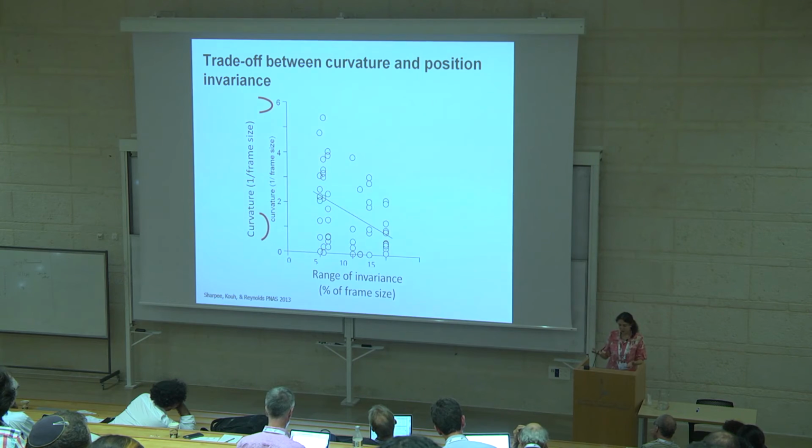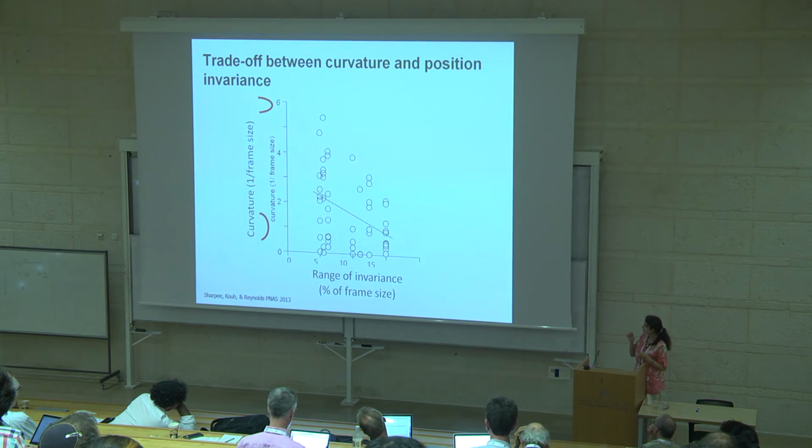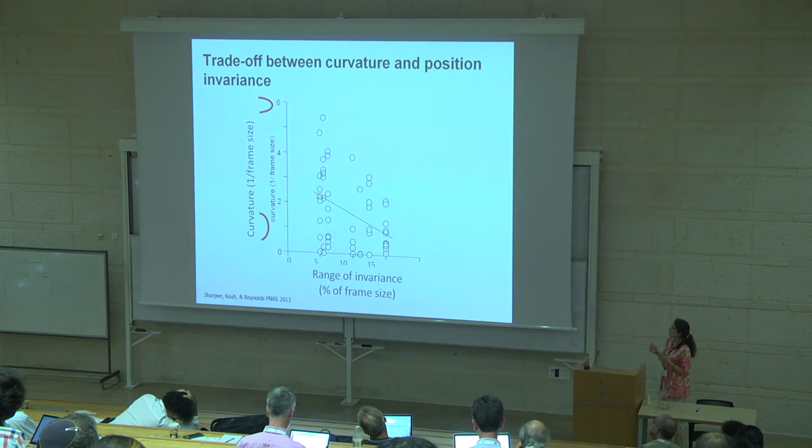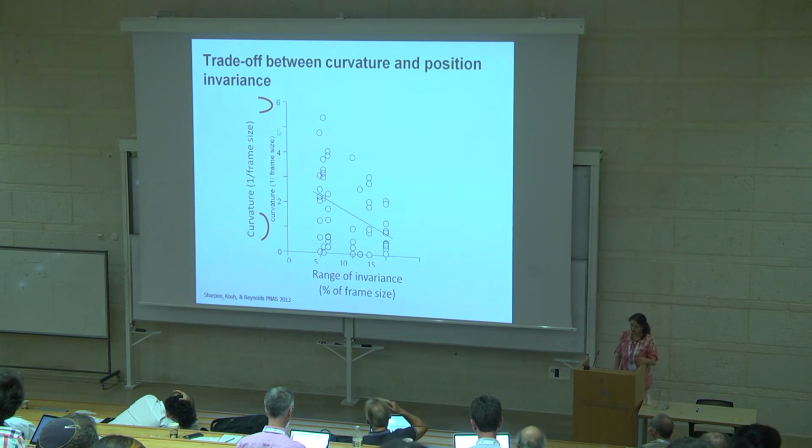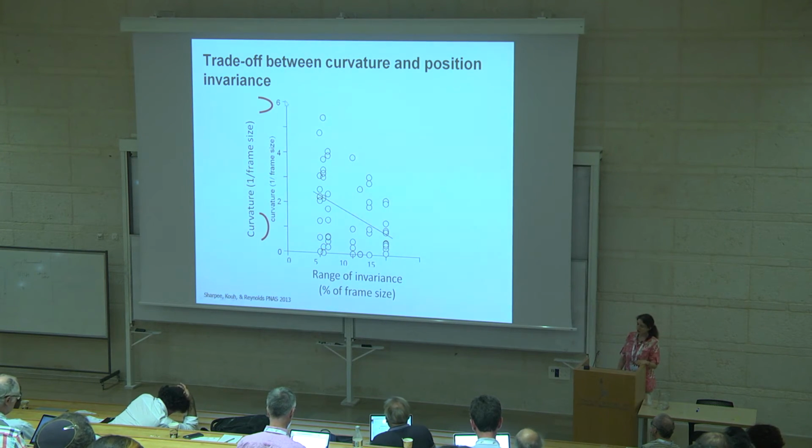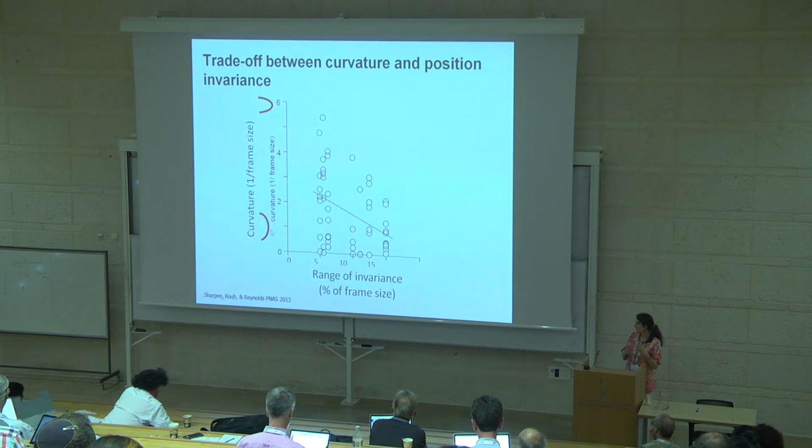And across the population, this is the result of the analysis where each dot is a pair of features representing one neuron. On the x-axis, I'm plotting the estimated range of position invariance. And on the y-axis, I plot the estimated curvature selectivity in relative units, with tighter curvatures on the high end of the axis, and more shallow curvatures on the bottom.